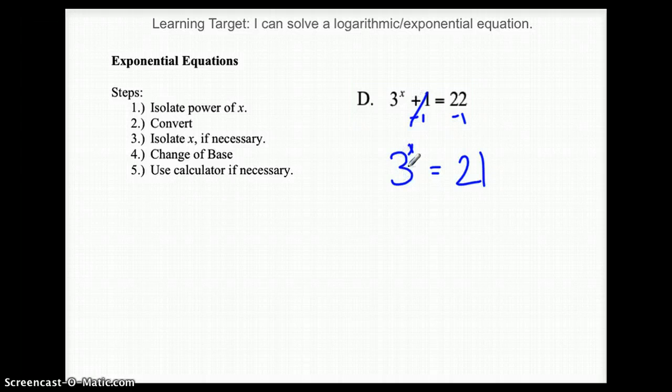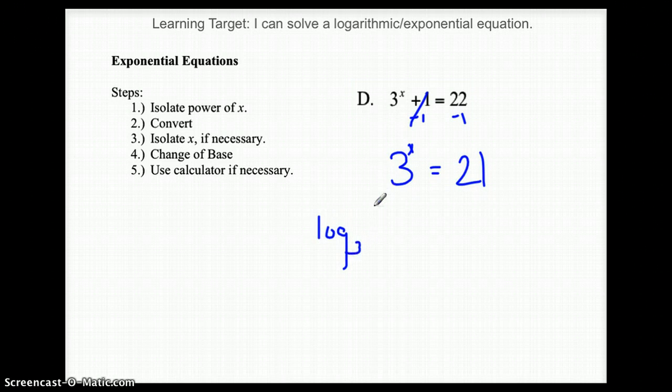So, you know, 3 to the 1st is 3, 3 squared is 9, 3 cubed is 27. Whoa, I just blew past 21. So that means my x has to be somewhere between 2 and 3. But how the heck do I figure out the decimal? Well, we're going to use that change of base. Well, sorry, we're actually going to convert to a log, first of all. So take this exponential to log form.